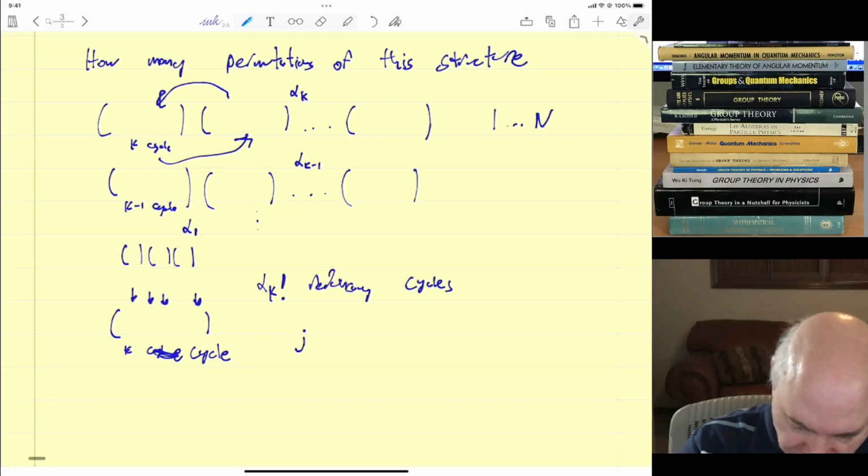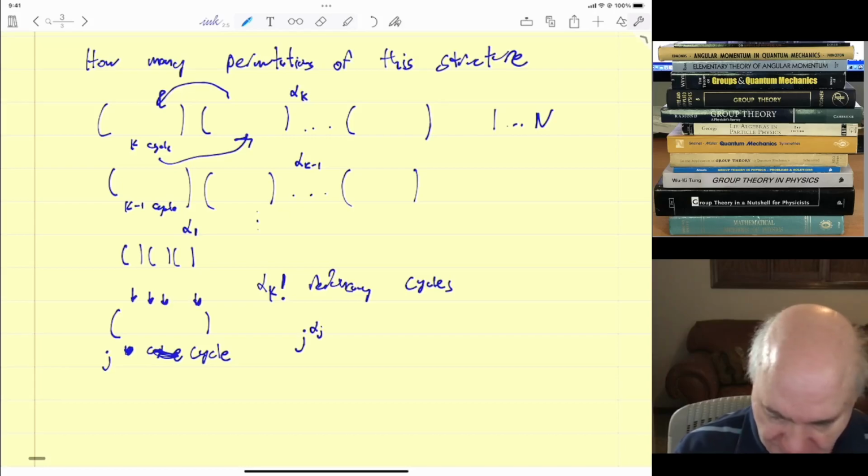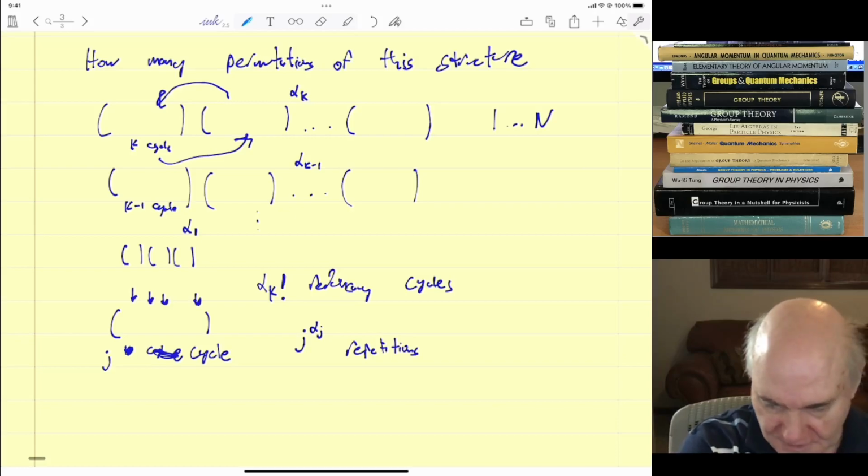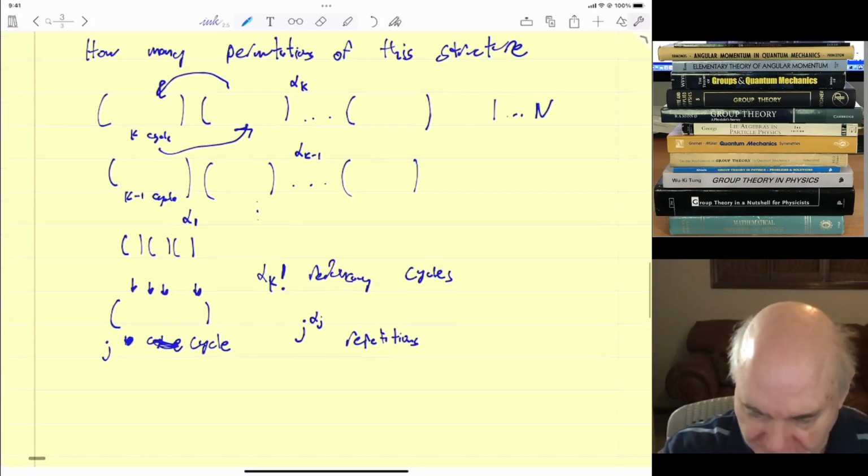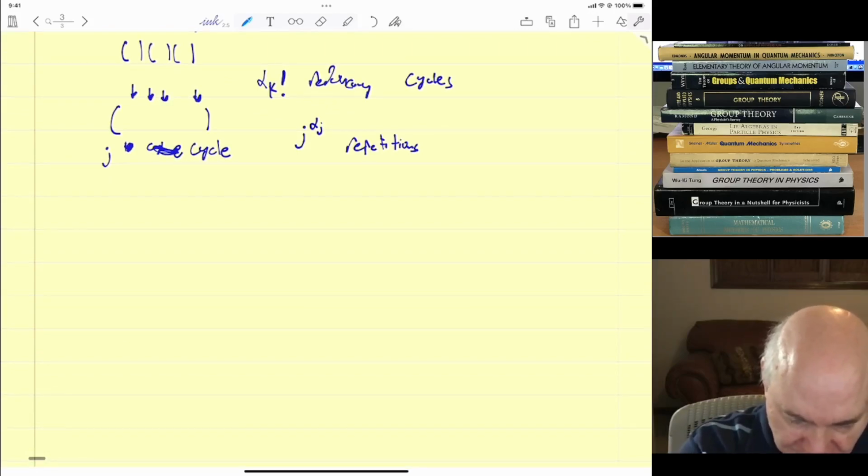Let's call this a j cycle. We get j to the alpha j repetitions. There are j possibilities here, and j possibilities here, and so on, so we end up getting j to the alpha j. Whether you follow this argument or not, think carefully and I think you'll see it makes sense, but it always confused me. The number of permutations is given by this formula.